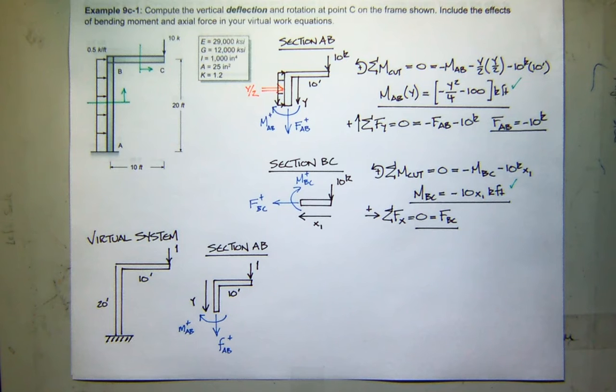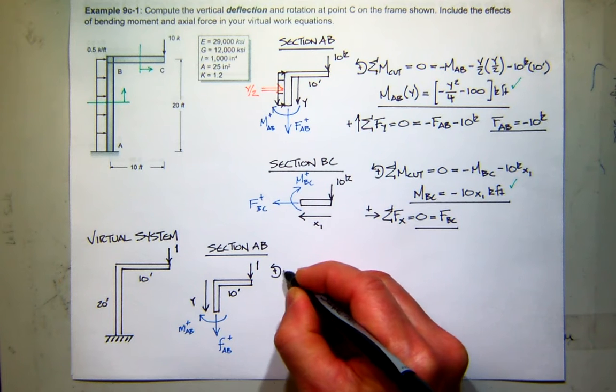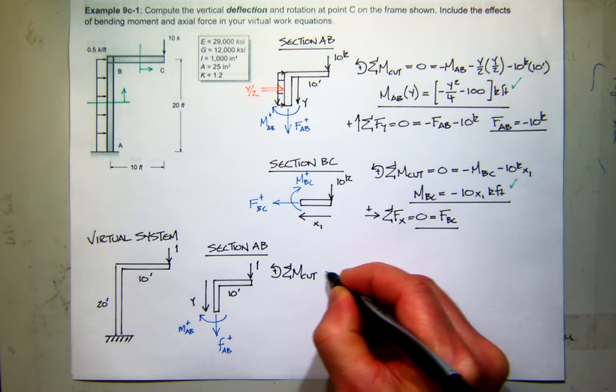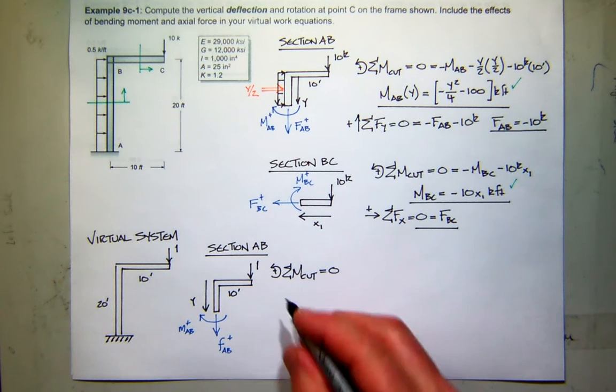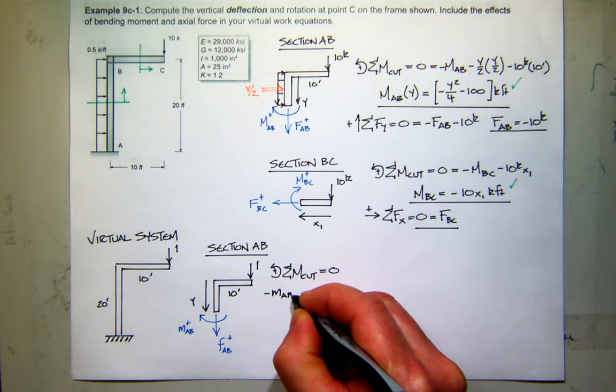So now what do we do? Guess what? We're going to sum moments of the cut again. We have never done that before, so this will be a new experience for everyone. So let's do it. Let's sum moments at the cut. Again, I like to use right-hand rule, so we'll do that. And we'll make sure everything is equal to 0. So when I do that, all I have is the moment due to the virtual system, that's negative.